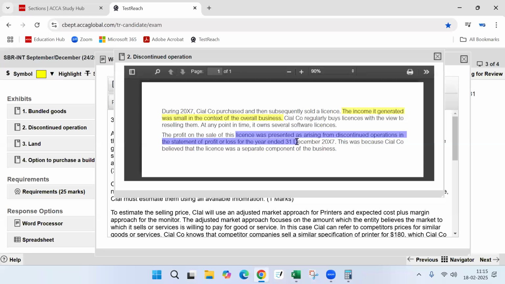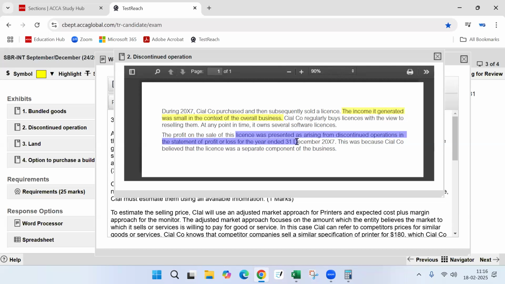It seems like their business is actually to purchase licenses and sell licenses, right? So even though the license has been purchased with a view to reselling, it does not constitute the important element of a subsidiary acquired exclusively for resale. Therefore, the license was just one of the several individual sales.